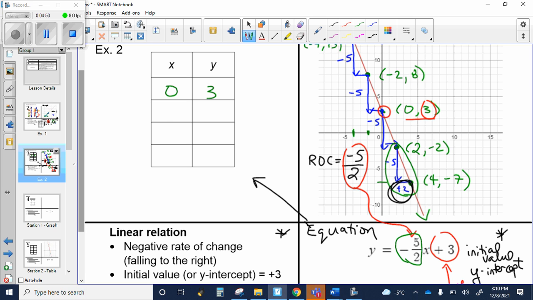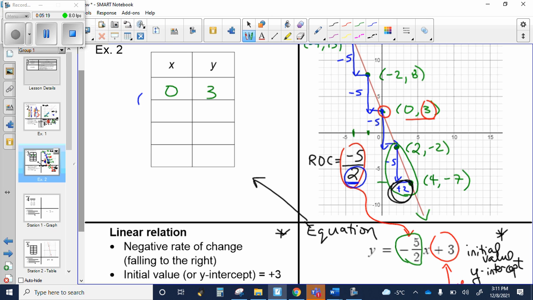So again, visually, that means this here: drop 5 units for every 2 units as we increase x. So why don't we take this increase in x, let's take the 2 and reflect that in our table of values.